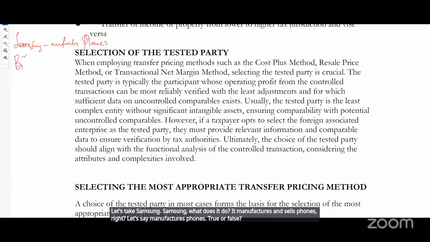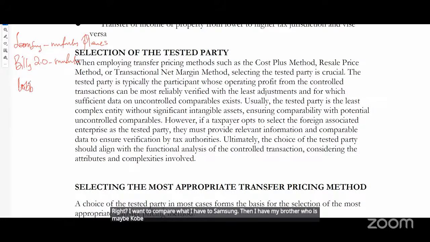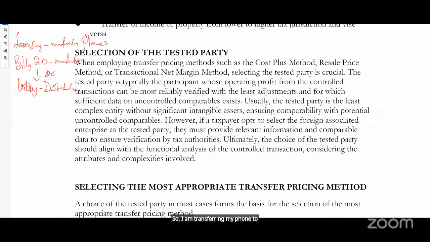Now, if I also make a phone called Billy 2.0, I'm also a manufacturer, and I want to compare what I have to Samsung. Then I have my brother, maybe Kobe, and Kobe does distribution. So I am transferring my phone to Kobe at $1,000, but Samsung sells its phone for $2,000, for instance.